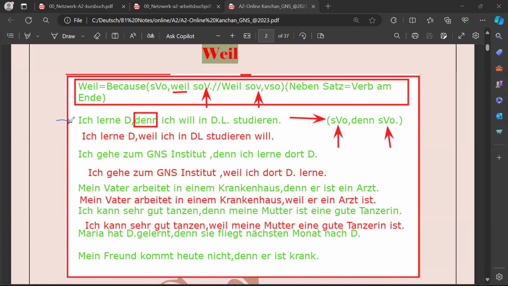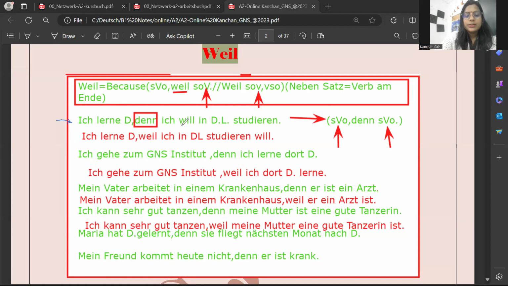Ich lerne Deutsch, denn ich will in Deutschland studieren. I am learning German because I want to study in Germany. Here we are giving a reason why we are learning the German language.